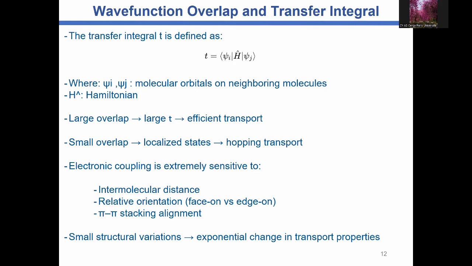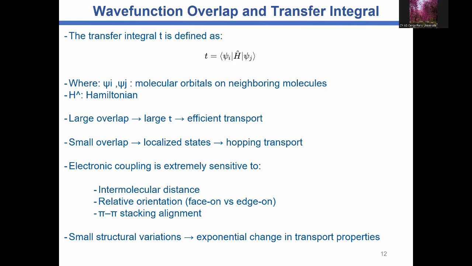So the transport between states can happen through hopping. This is a characteristic of the organics, because sometimes the orbitals cannot overlap.